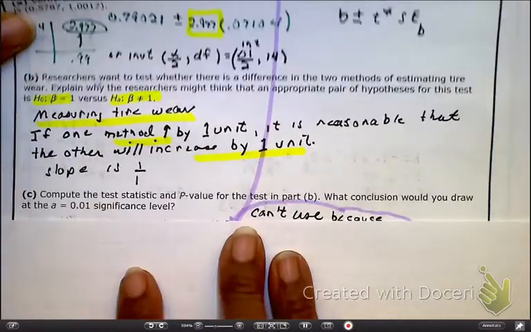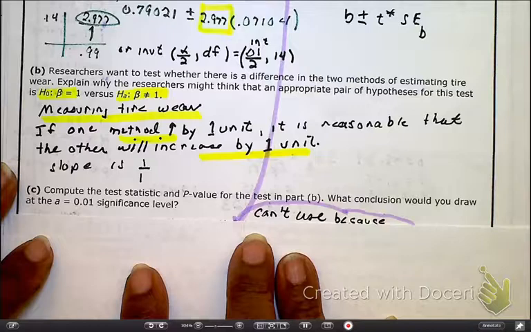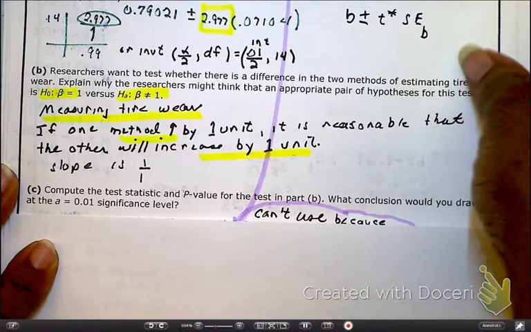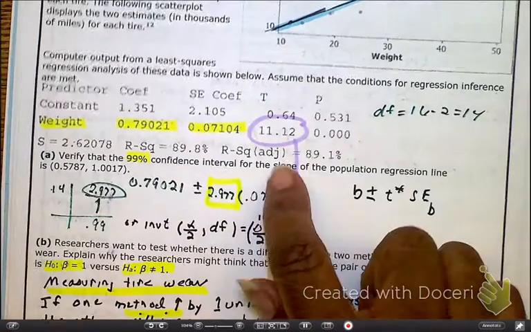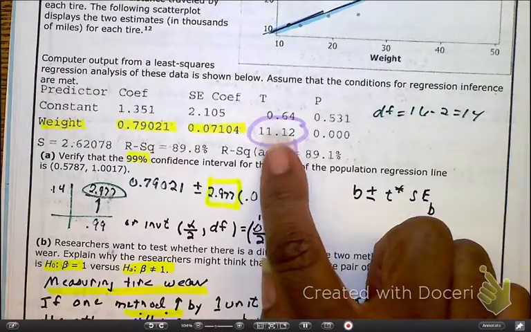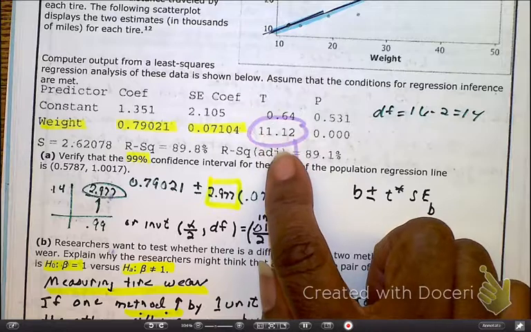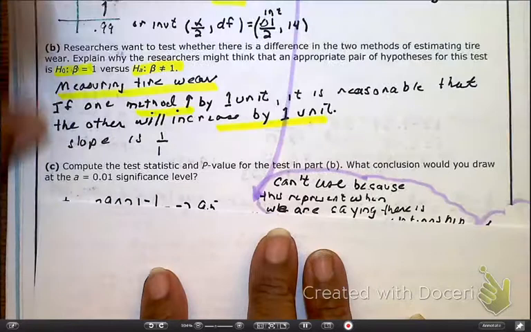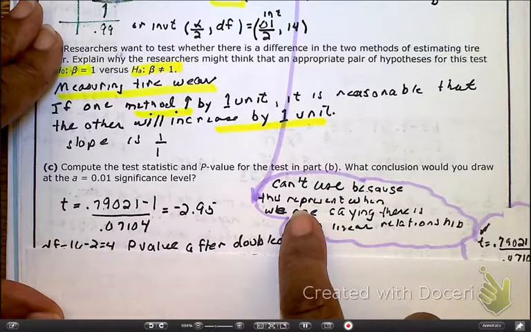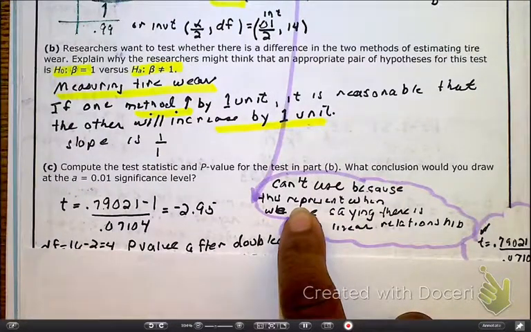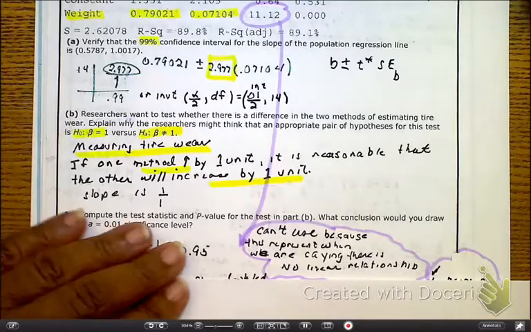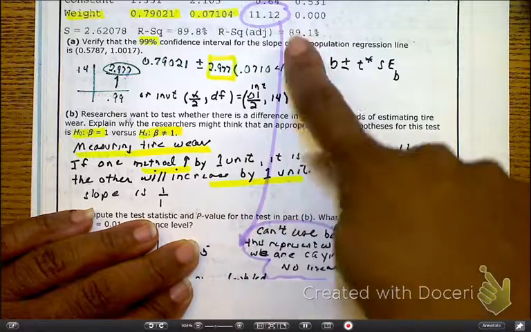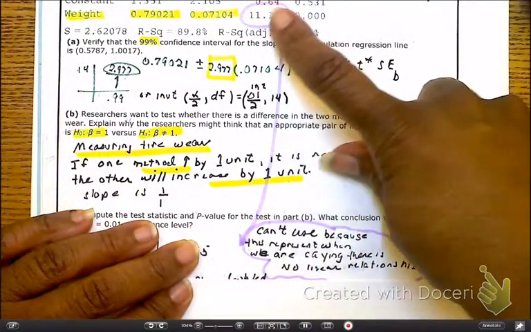They're going to say, as we look at Part C, compute the test statistic. Now, I know you're thinking, oh, just like the other one. Here, we have the test statistic. No. That's the test statistic that's used only if there is a difference. We cannot use this because, like I was saying, this is only utilized when there is no linear relationship.